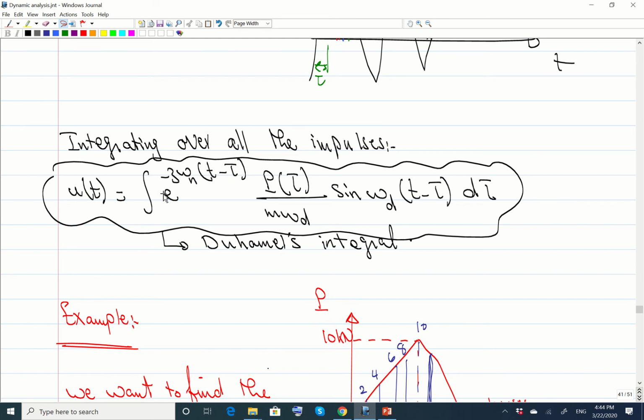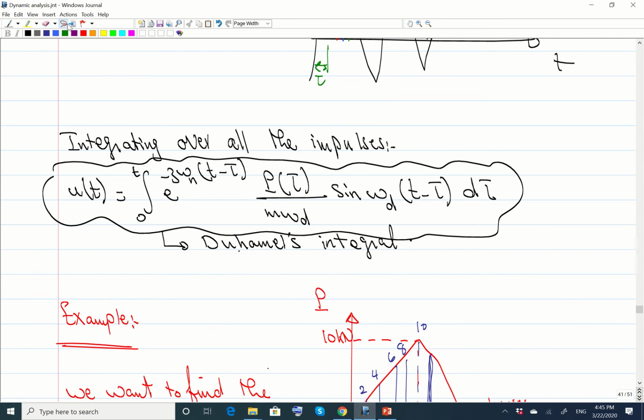Certainly you're not integrating beyond t, so you're integrating tau from 0 to t. So tau starts from 0 all the way to t. You don't integrate or use the forces after t.